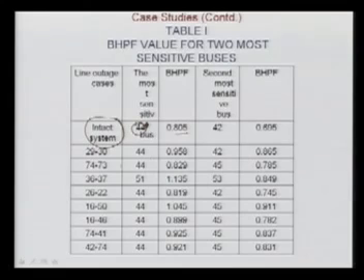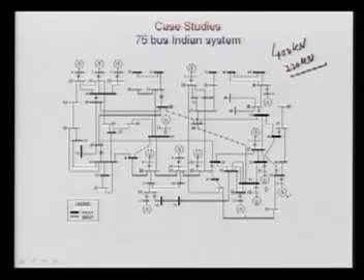However, for the contingency of outage of line 29 to 30, a Lucknow line, you can see 29 is somewhere in this zone and 30 is here. This line is basically a transformer.